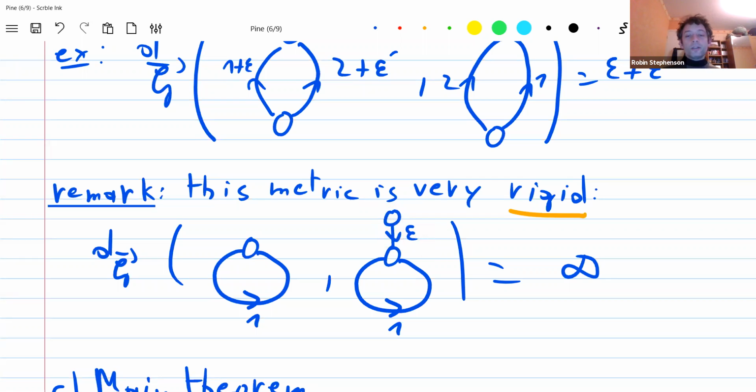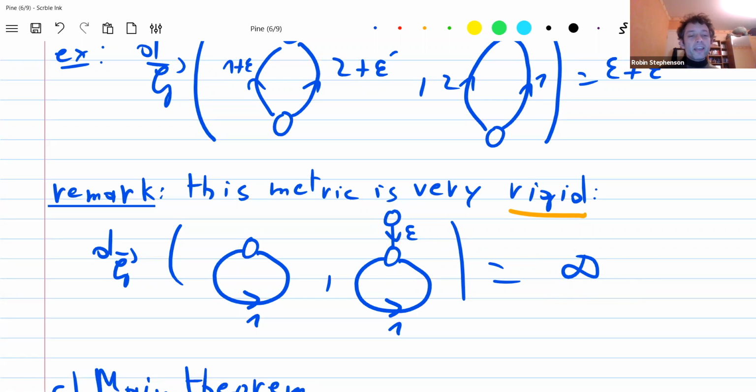This has length epsilon, and epsilon is very small. Then they're not isomorphic, so we don't have a choice really. The distance between those is infinite. But if we were using those Gromov-Hausdorff metrics I mentioned before, then the distance would be epsilon, because in the metric sense, we only just added a line segment with length epsilon.